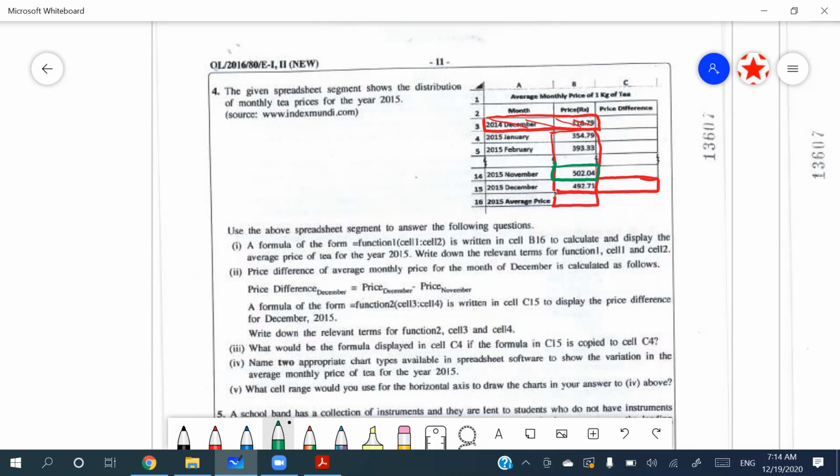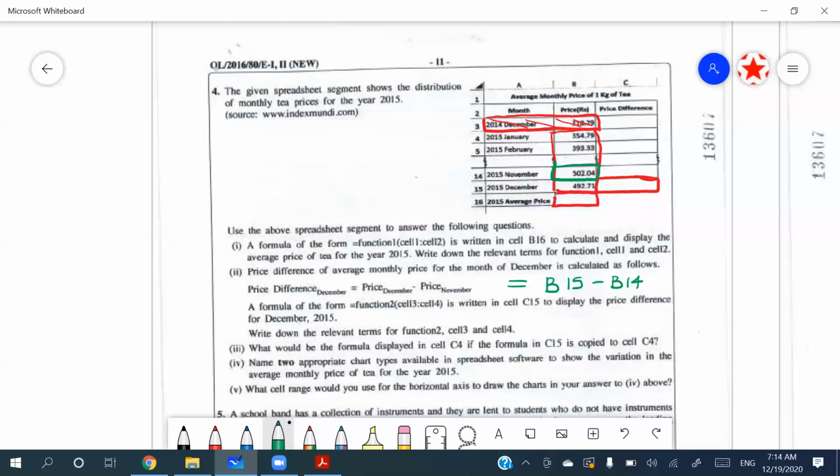So if we write this as a formula, as an equation, what would it be? Equals B15 minus B14. This is going to be your equation.